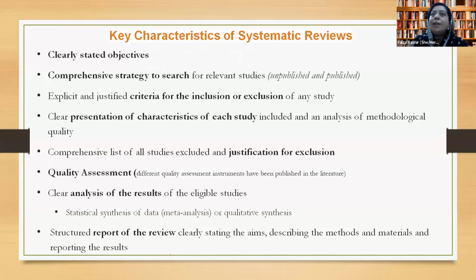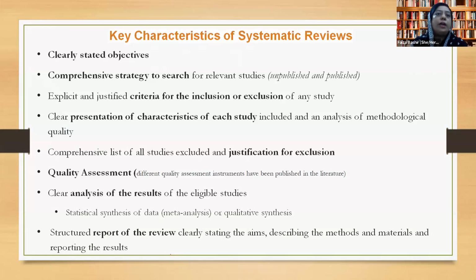Okay, what are the key characteristics of a systematic review? Systematic reviews have clearly stated objectives. They have a comprehensive research strategy, clearly defined inclusion and exclusion criteria, and the characteristics of each study are presented very well. The method and justification of exclusion need to be addressed before conducting our systematic literature review, as does the quality assessment of the included studies.